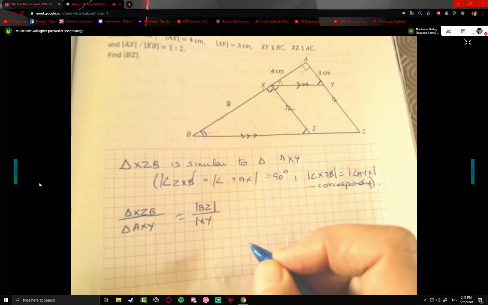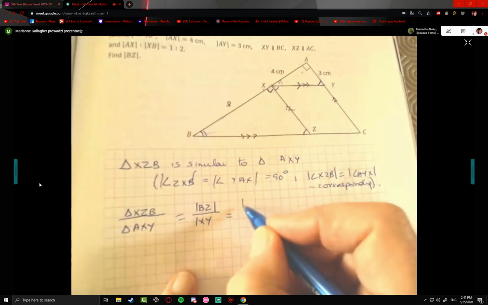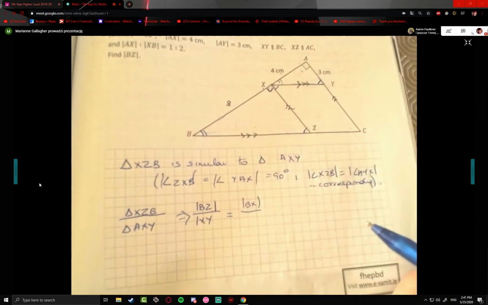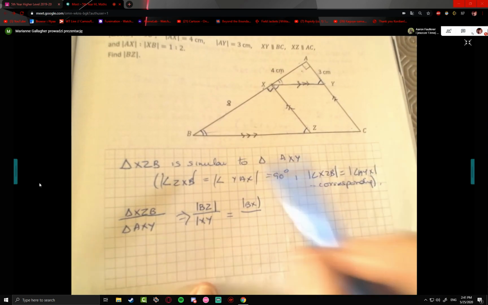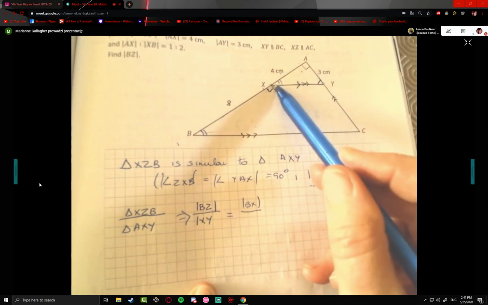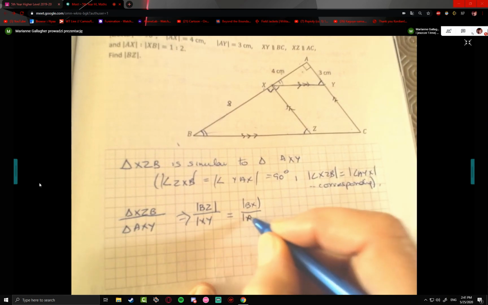So BZ over XY is the same as BX over, what does BX correspond to? BX is the double on the right, so that would correspond to XA? Yeah, okay, good.